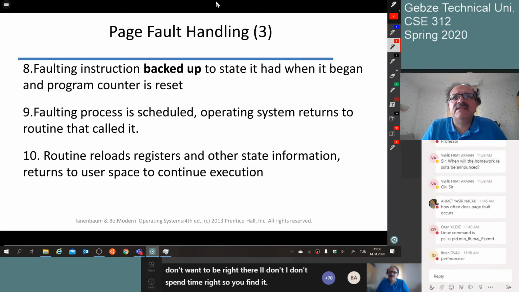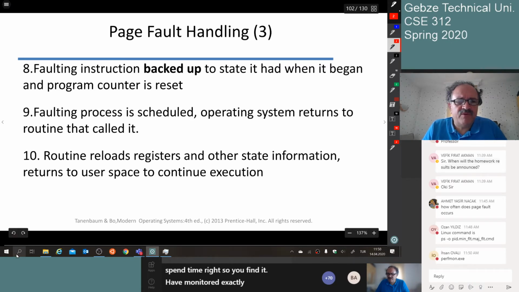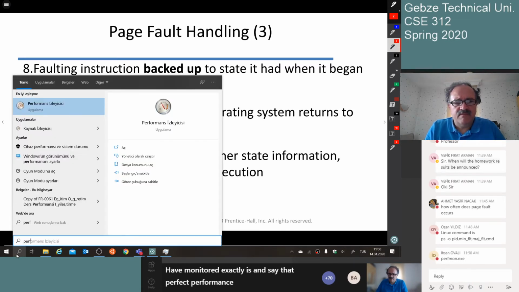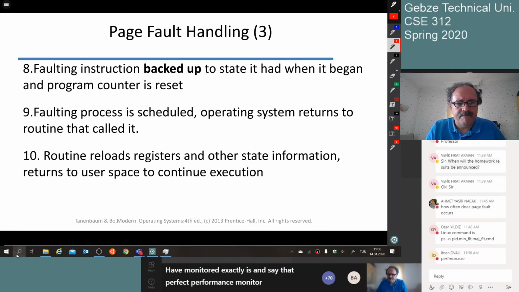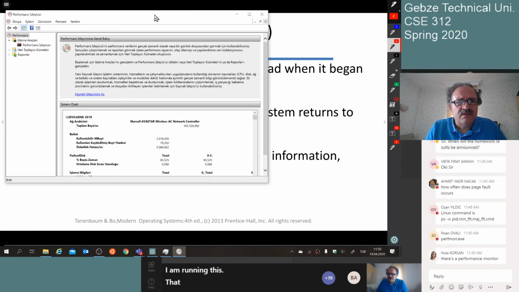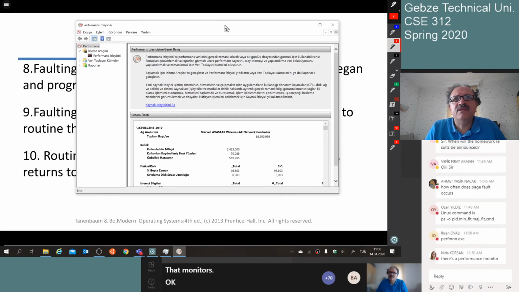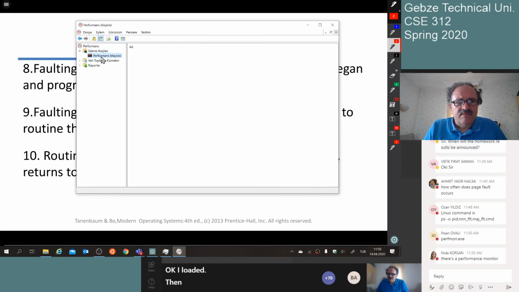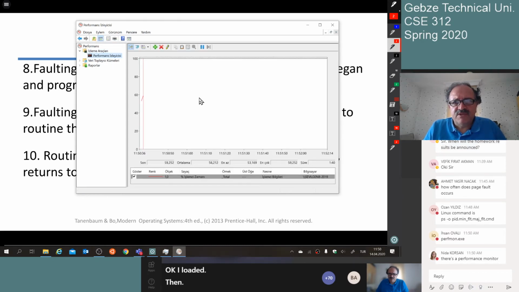Perf monitor. Ihsan says that performance monitor. Okay, I am running this performance monitor. Okay, I loaded it, and there is this performance tracker.